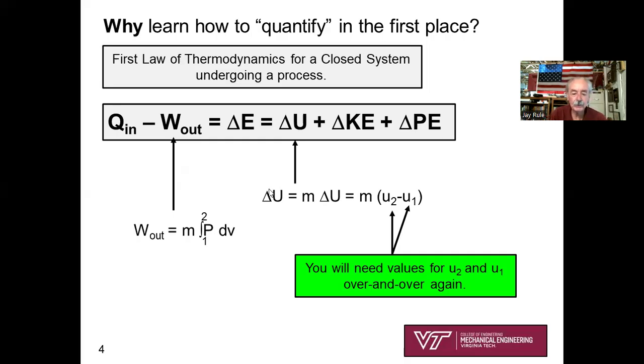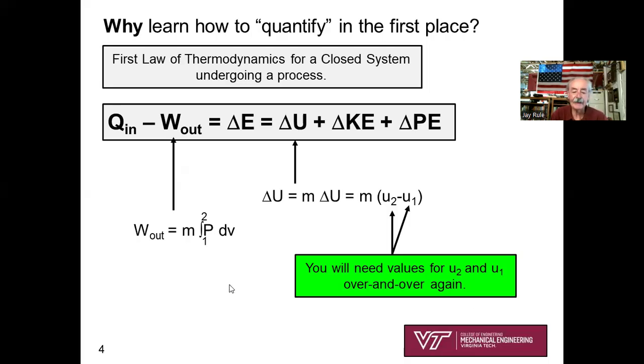Delta capital U equals m times delta little u, not capital U, m times delta little u, and that equals m times little u2 minus little u1 when we're going through process 1 to 2. So sorry about that. That should be little u, okay?